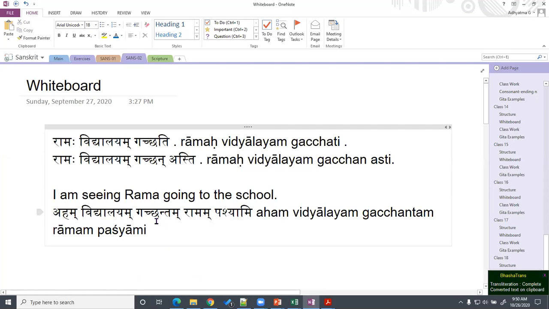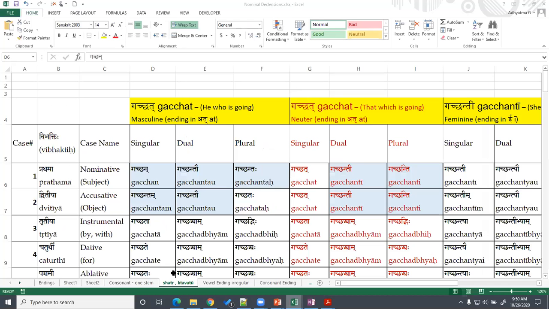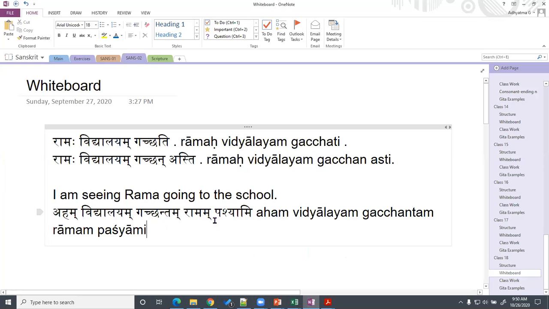Gachantam came in the second case because I am seeing Rama in the second case. So, I am seeing Rama going to the school.